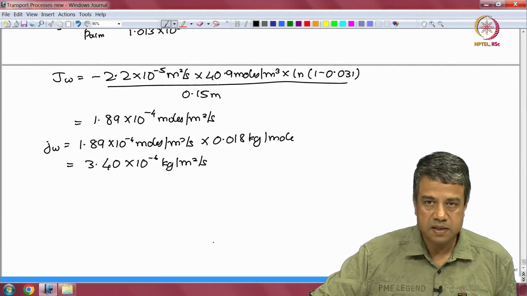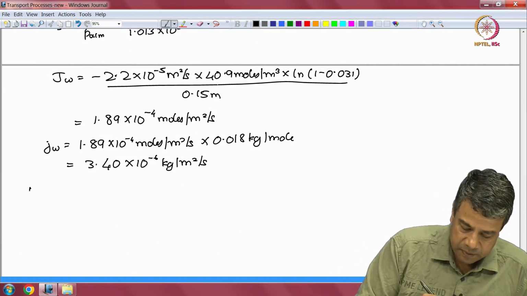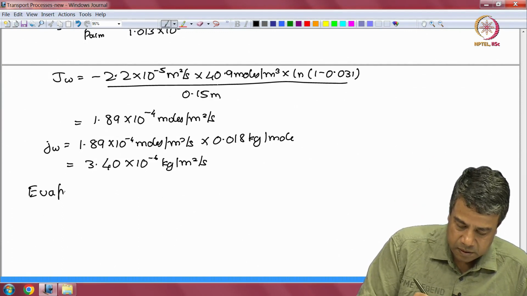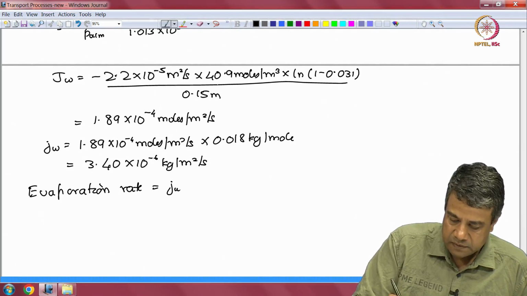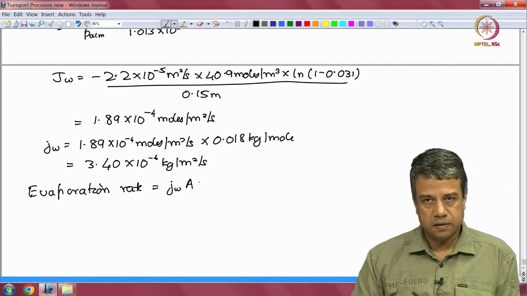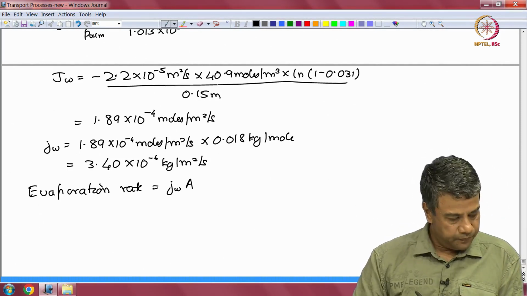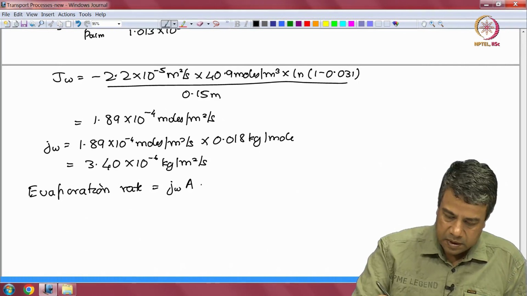So, therefore, the mass transfer rate, the evaporation rate, is equal to mass flux into the surface area, in kg per second.